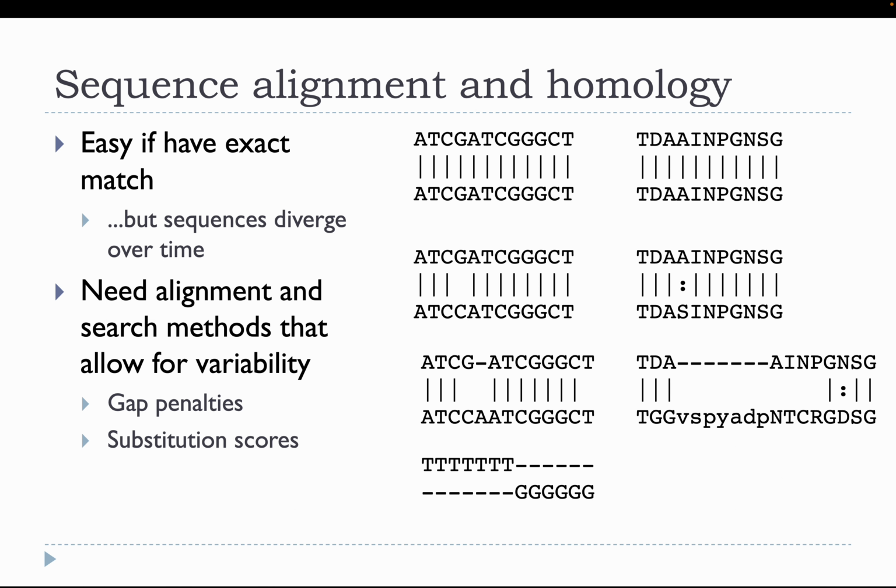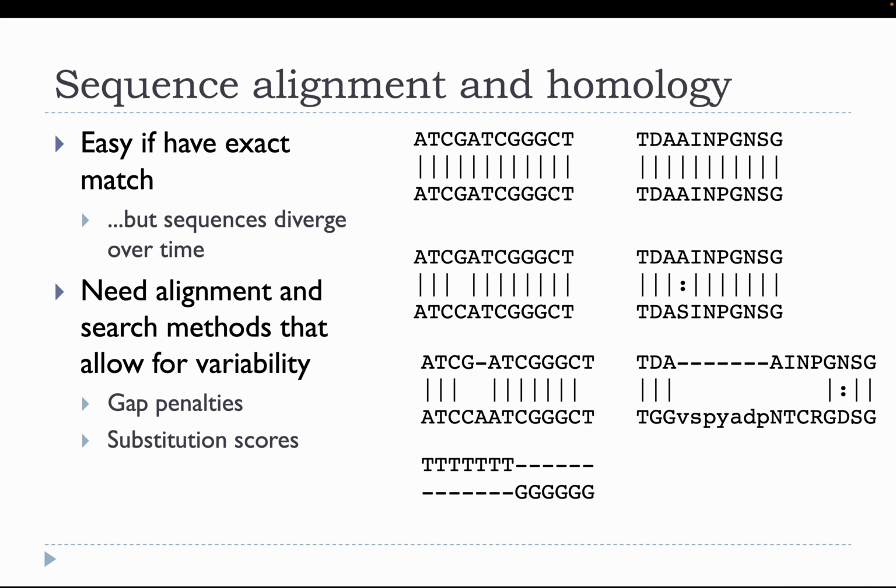So you can see here a G has turned into a C, or an alanine has turned into a serine. Or actually you get insertions or deletions. So we call those indels for short, because often we don't know which way it's gone, whether the original ancestral sequence had that thing in and it was deleted, or whether it's been inserted since then.